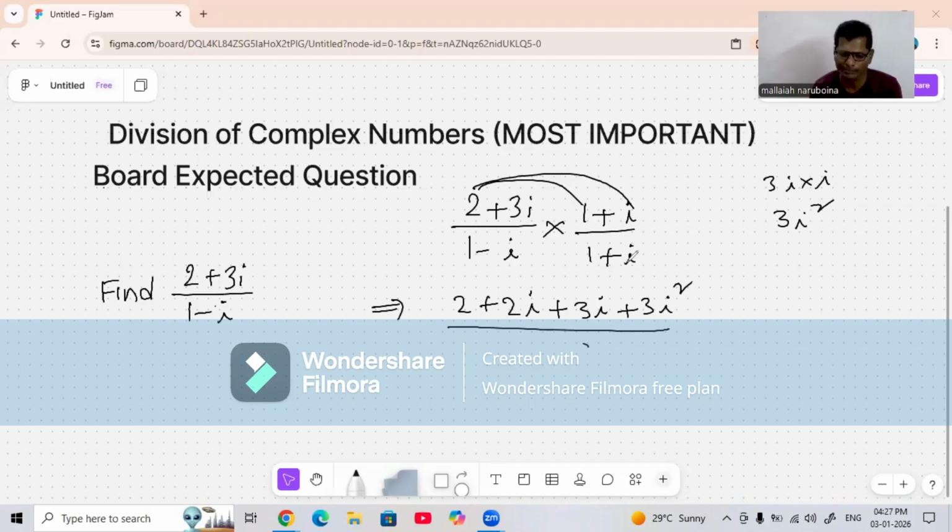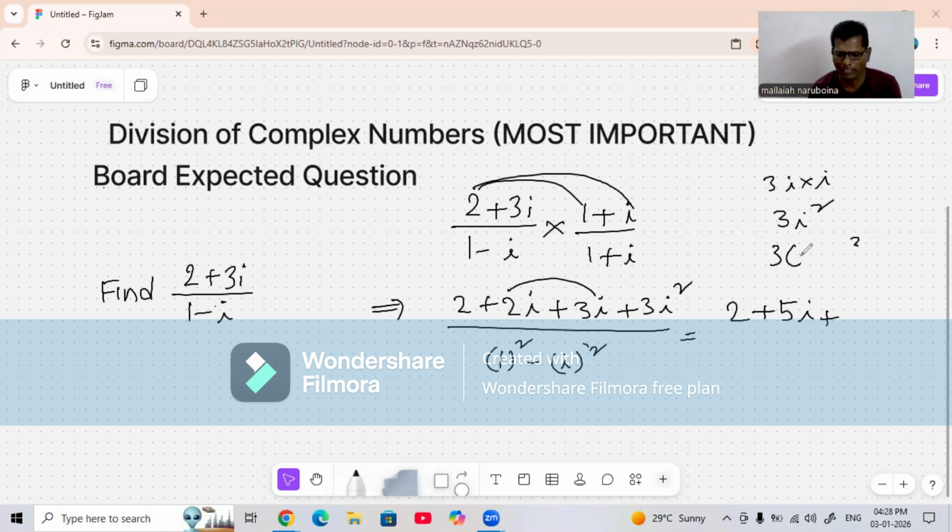So a square minus b square. a square, that is 1 square, minus b square, that is i square. Next, 2 plus 2i plus 3i, that is 5i, plus 3i square.